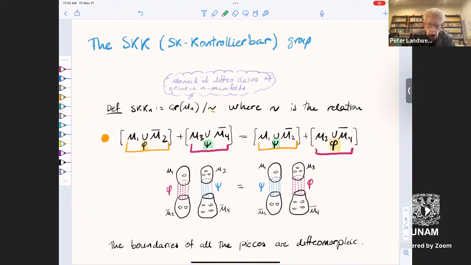Excuse me, what does the bar on top mean? Sorry, yeah, I didn't say, but it's also important. We're in the world of oriented manifolds. The theory is also known for unoriented manifolds, and Renee and a collaborator are thinking about other tangential structures, which I think will be a super interesting idea.